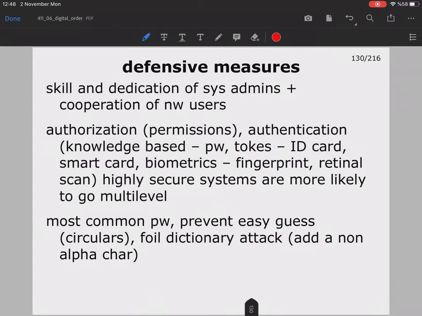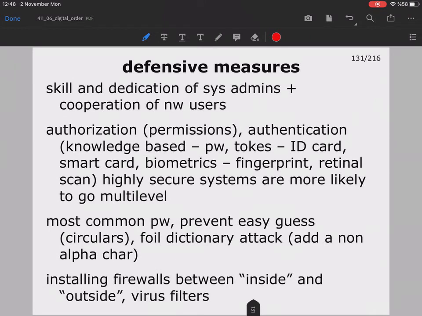And for the most common password types, secure passwords, you should prevent easy guess or circular type passwords, and foil the dictionary attacks by adding a non-alphanumeric character, for example, to make passwords more reliable.